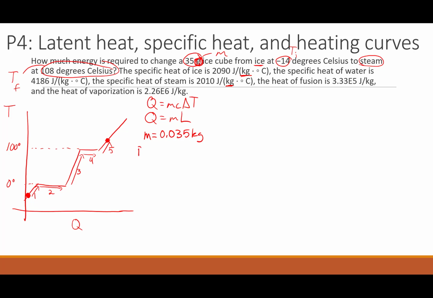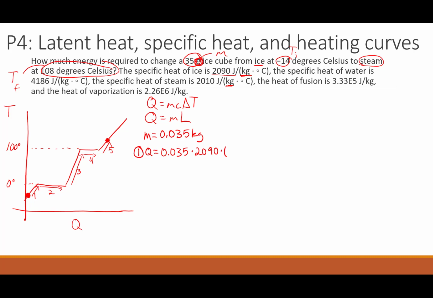In section 1, we're increasing the temperature of the solid ice. So we're going to use Q equals mc delta T. M is 0.035 kilograms times C, which is the specific heat of ice. Let's see, specific heat of ice is 2090 joules per kilogram degree Celsius.